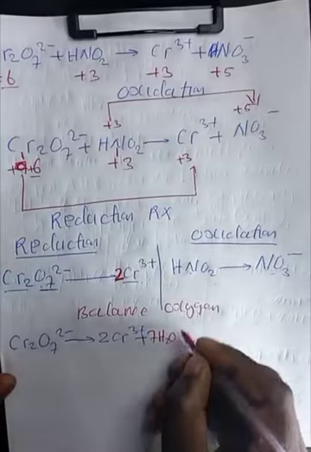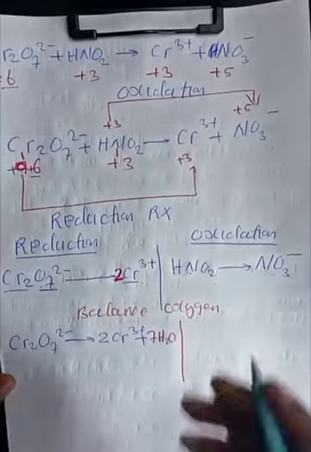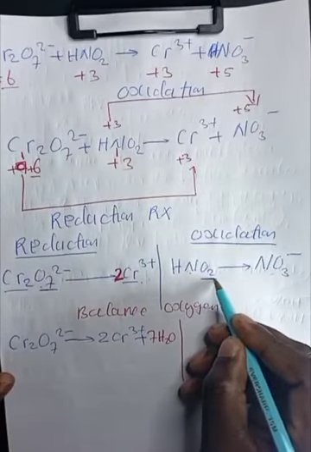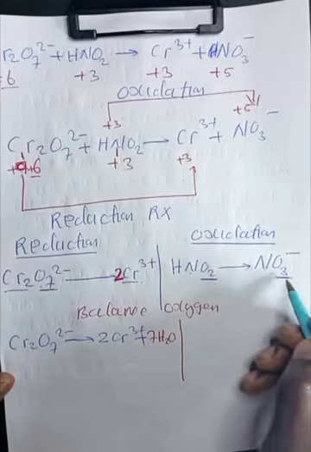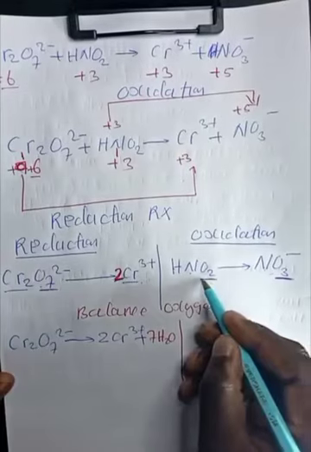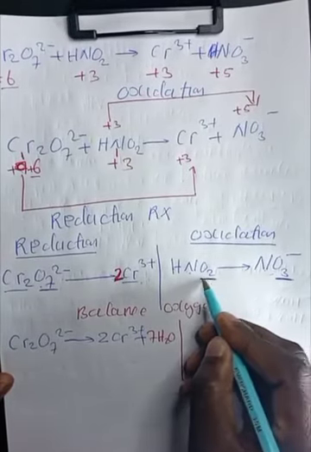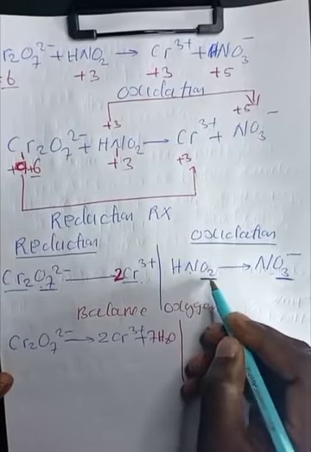Then this side, we have 2 oxygen here and 3 oxygen here. So we have more in the product and less in the reactant. We need to have 3 here, meaning we are missing 1 oxygen. So we add 1 water molecule this side.